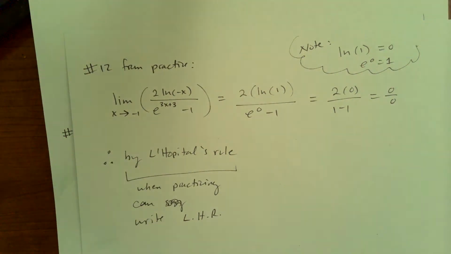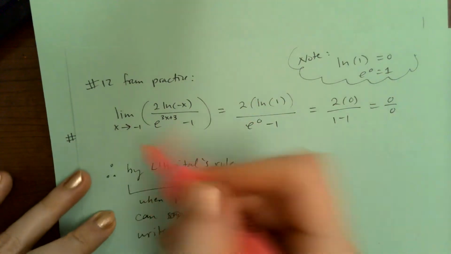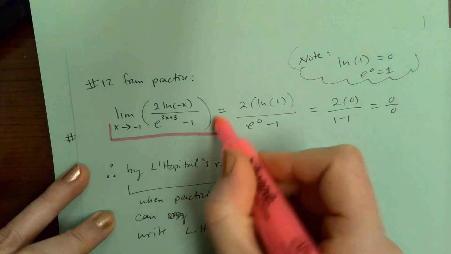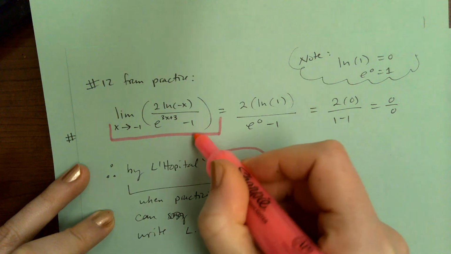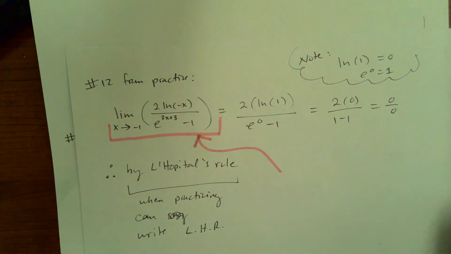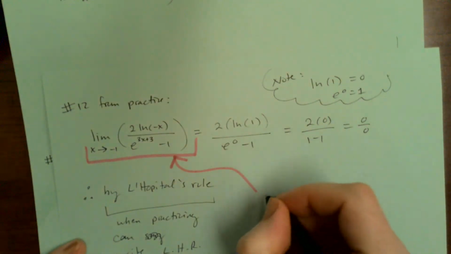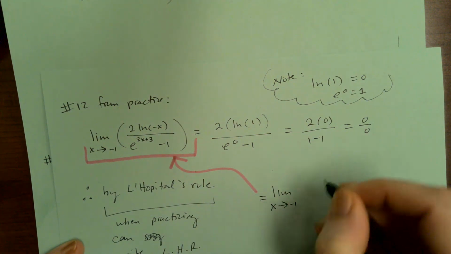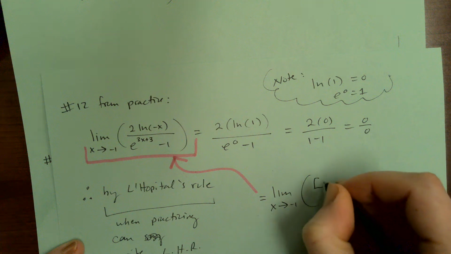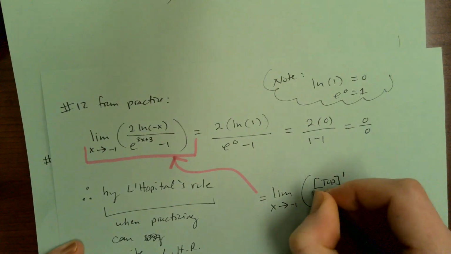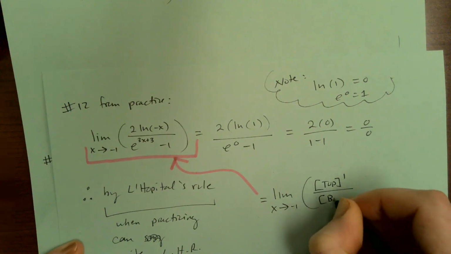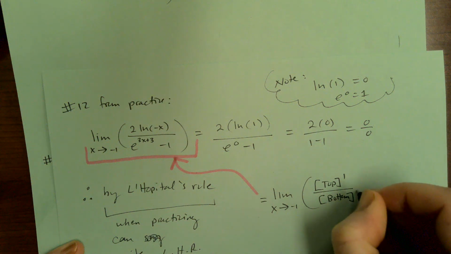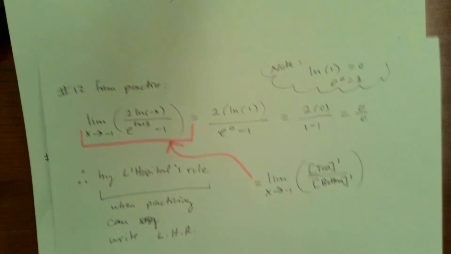Okay, therefore, by L'Hopital's rule, we can take this, and it's going to be equal to the limit as x approaches -1, and I'm going to do the derivative of the top over the derivative of the bottom.